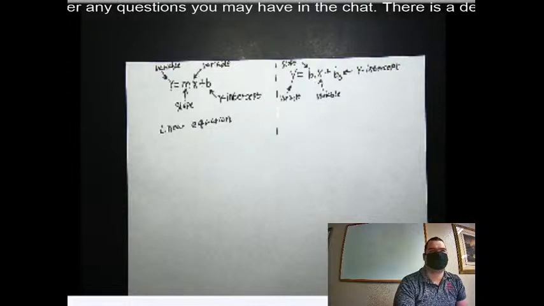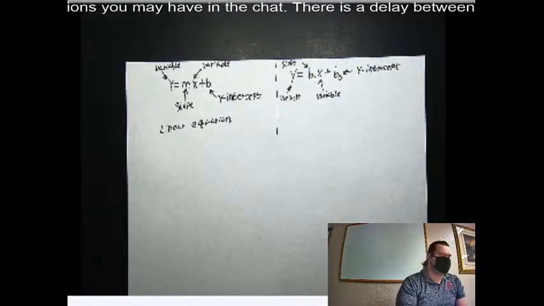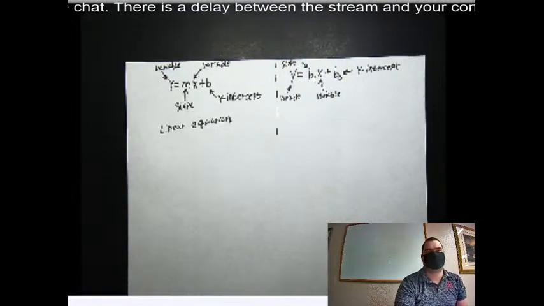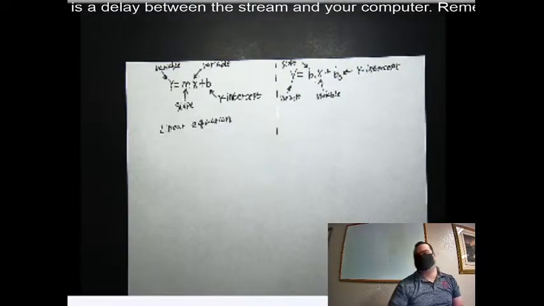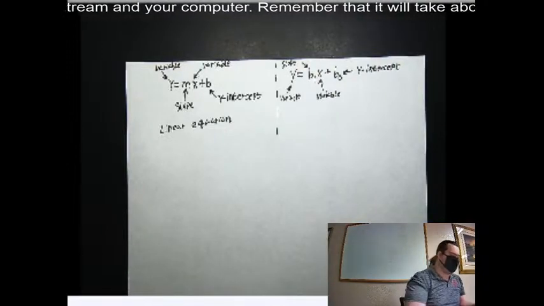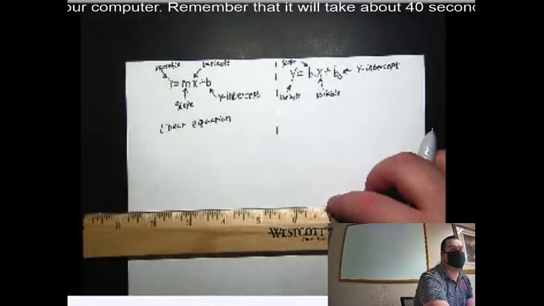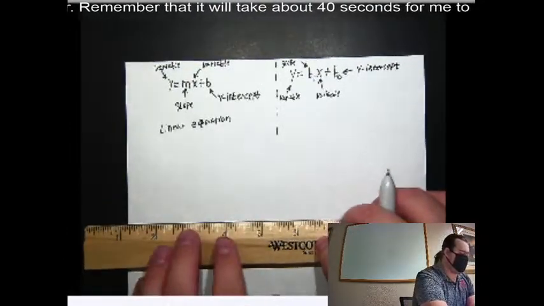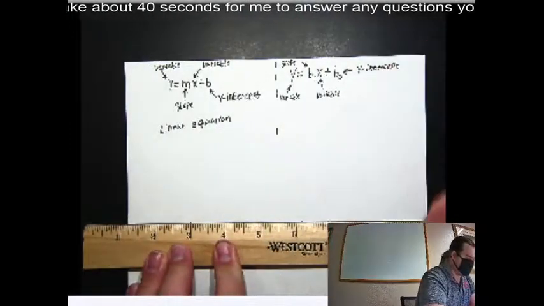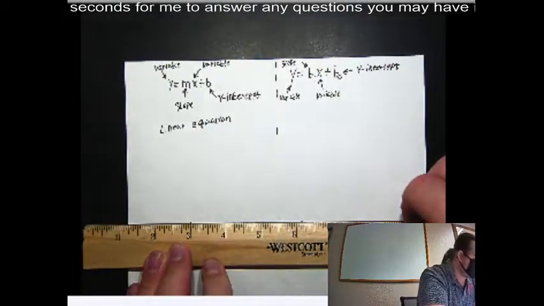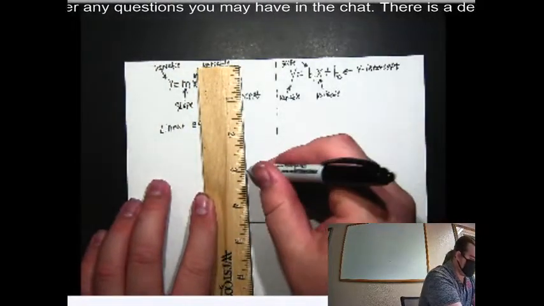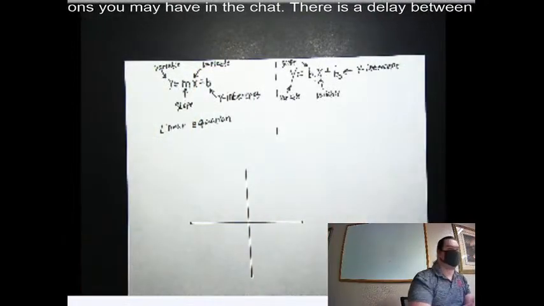So, let's take a closer look at each of these pieces and parts on a graph, because that's what this is really meant for, is graphs. I'll just make a quick graph for us real quick. Okay?